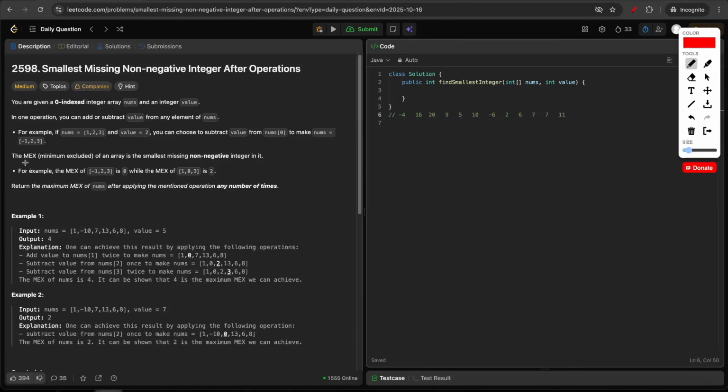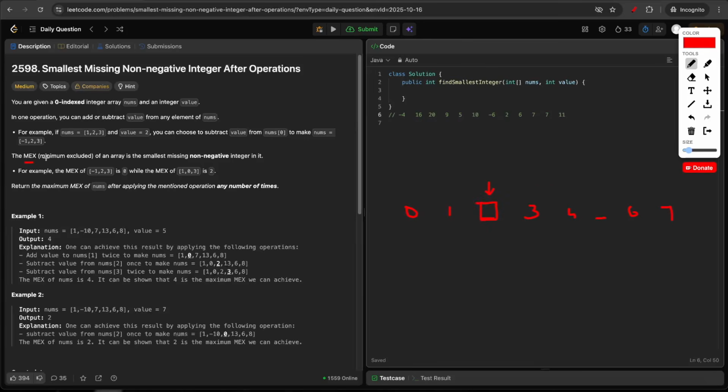So by definition, MEX is the smallest non-negative number that is not present in the array. So suppose we have an array like this. 4 and 5 are missing. We have 6 and 7. So in this array, the MEX will be 2 because 2 is the smallest non-negative integer that is missing.